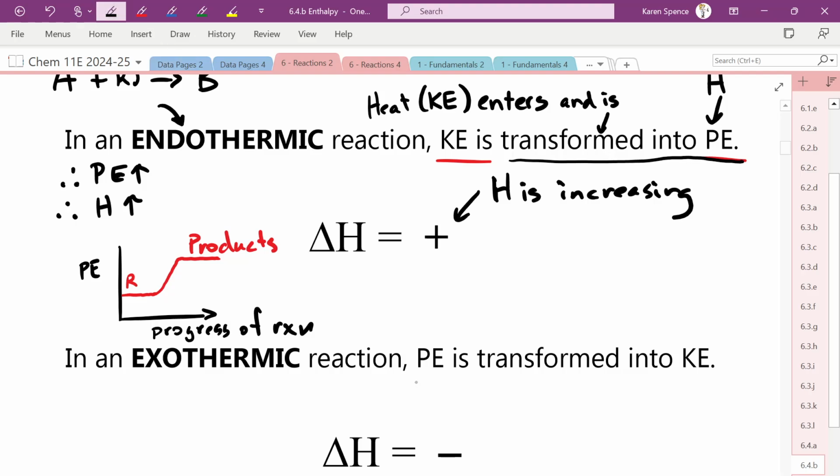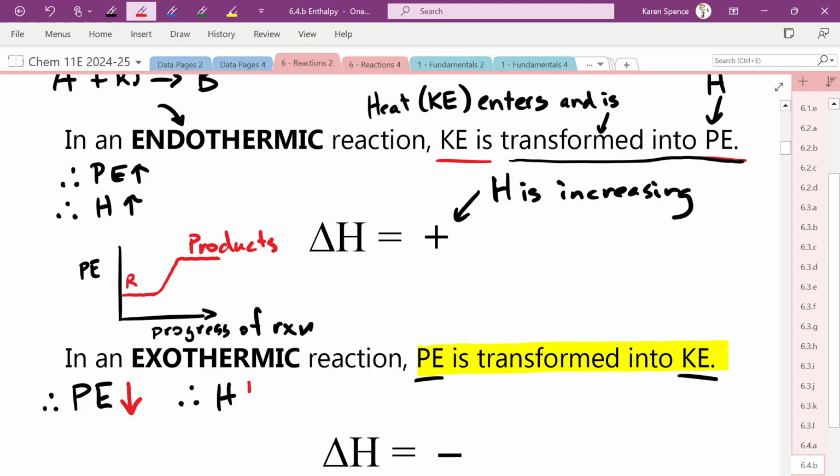And if potential energy is transformed into kinetic energy, what is happening to the potential energy? Tell your partner, if potential energy is transformed into kinetic energy, the potential energy increases or decreases? Decreases. And therefore, what happens to our enthalpy?